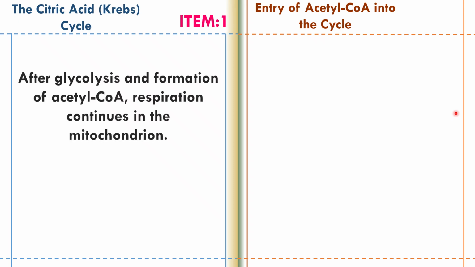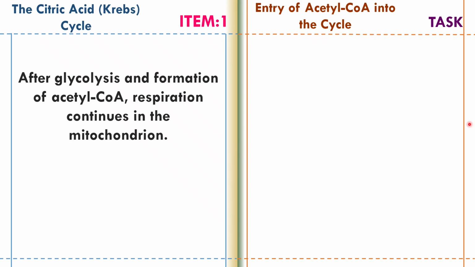Citric acid, the Krebs cycle, item 1. Entry of acetyl-CoA into the cycle. After glycolysis, the formation of acetyl-CoA, respiration continues in the mitochondrion.